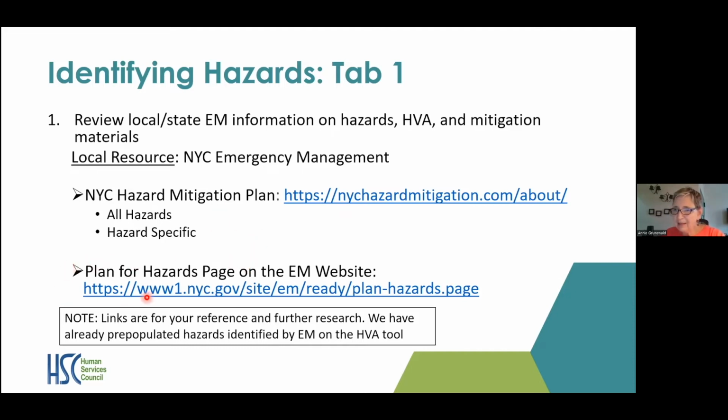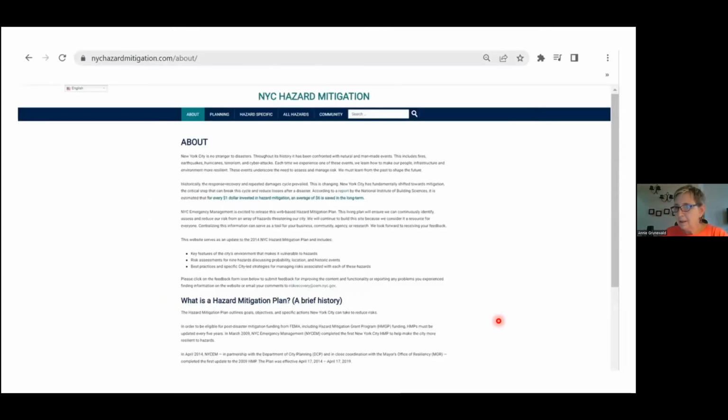And then there is the hazards page on the emergency management website. Sorry, this is blurry. I'm not going to spend a lot of time on it, but basically the objective of the hazard mitigation plan is outlines goals and objectives, specific actions that New York City can take to reduce these global risks to the city.